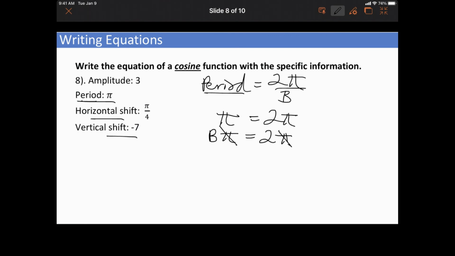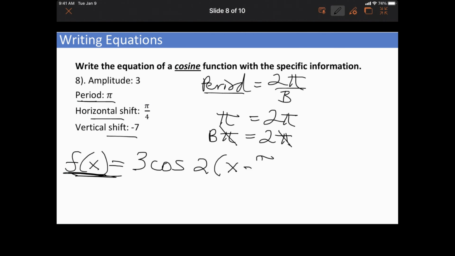All right, so it's going to be f of x equals, don't forget to have something on this side. It's not an equation if you don't have this part. So we have cosine. It is amplitude of 3. The b in factored form is going to be on the outside. x minus the horizontal shift, minus the vertical shift.